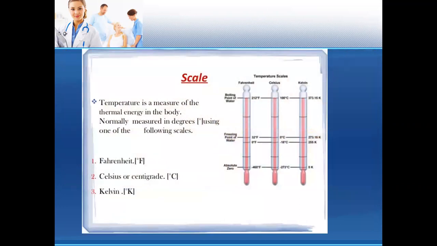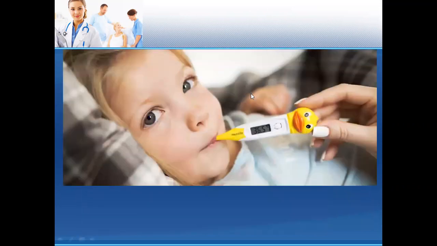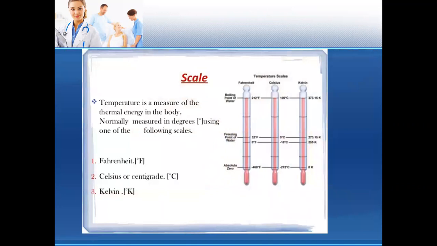So basically, when we need to measure the temperature, we have to use two scales. One is the Fahrenheit scale, the other is the Celsius scale. Temperature is a measure of the thermal energy in the body.